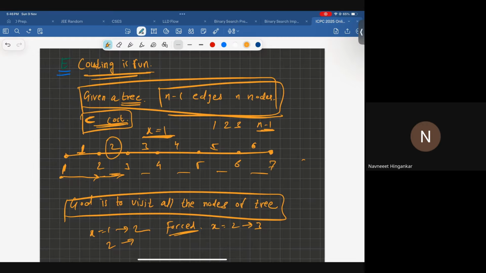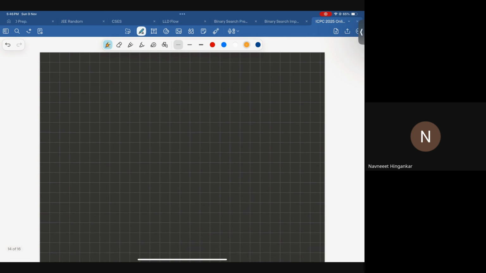You could think of it like a key and door. To pass through a door, I need something for that key, right? So now let's say I am at 1, and I am at 2.